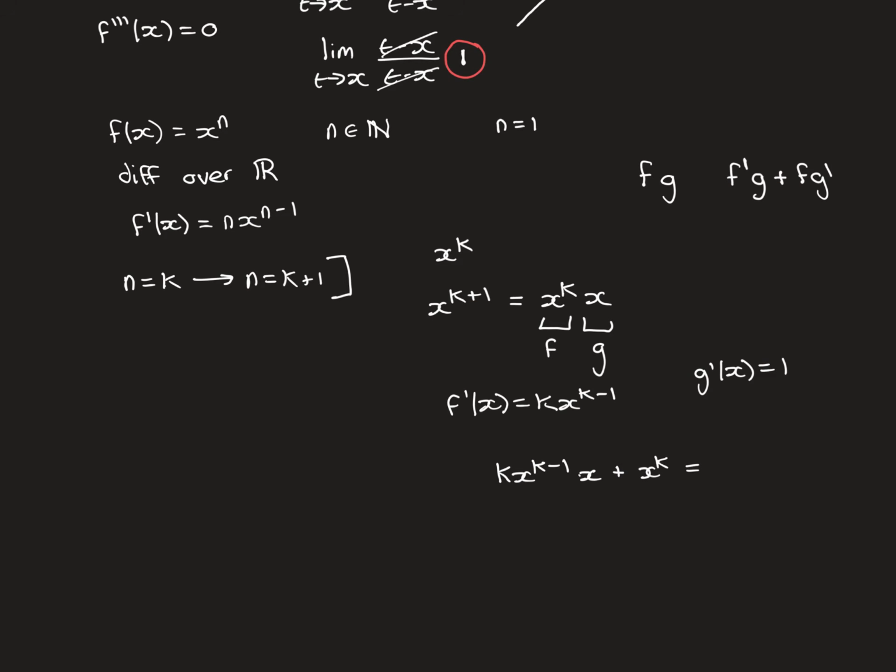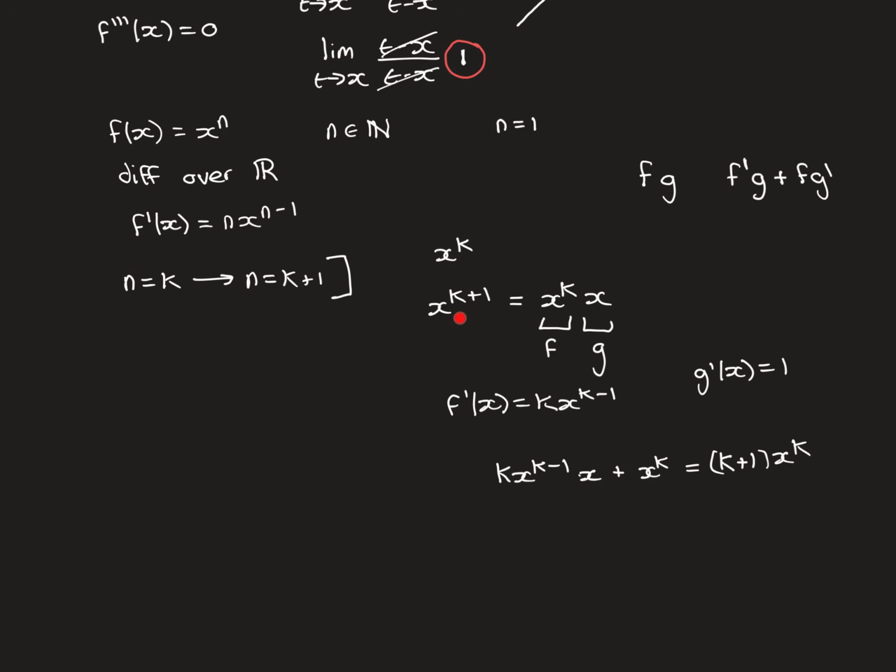So simplifying this, x to the power of k minus 1 times x is just x to the power of k, so this gives us the derivative of our function x to the power of k plus 1 is k plus 1 times x to the k, which is what you would have expected it to be for this formula here. So if you put this into this formula, you'd get k plus 1 times x to the power of k plus 1 minus 1, which is x to the power of k.